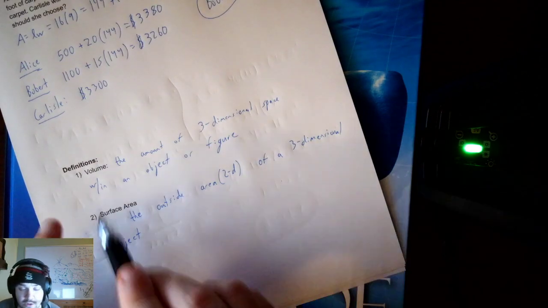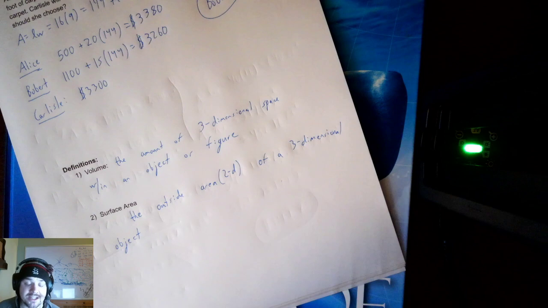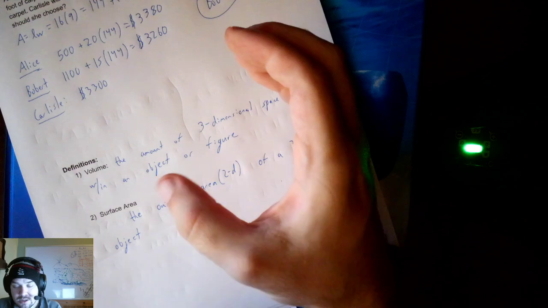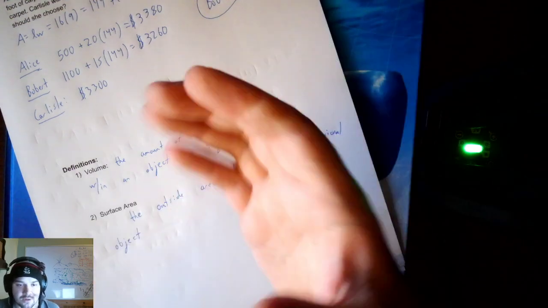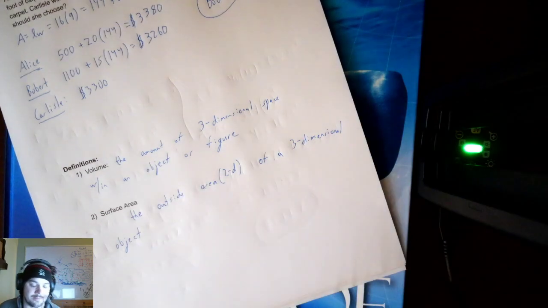Think about volume: how much paint would it take to fill the object? Whereas surface area: how much paint would it take to cover the object? Different things. If you have a cup, you want to fill it with paint versus you want to paint the outside of it. Those would be two different measurements.